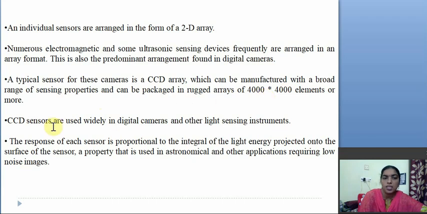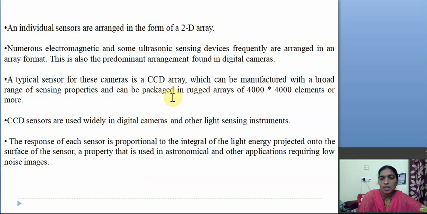CCD sensors are widely used in digital cameras and other light sensing instruments. The response of each sensor is proportional to the integral of the light energy projected onto the surface of the sensor, a property that is used in astronomical and other applications requiring low noise images.